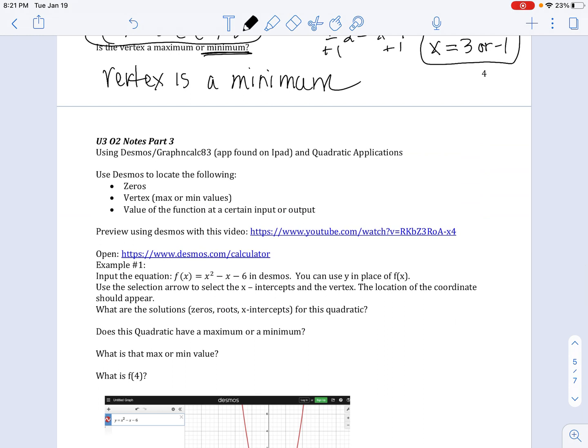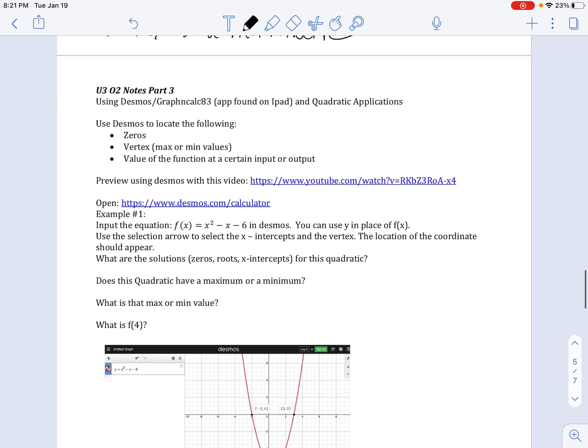All right, U302 notes part 3. On this set of notes, we are going to utilize the graphing part of Desmos, or I'm going to have you pause the video and download a free app called Graph and Calc 83.